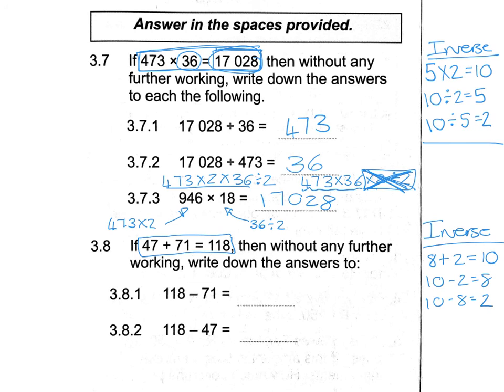So they're all the same. So when I do 118 minus 71, I'll obviously get the 47 as the answer, or if I do the 118 minus the 47, I'll get the 71. I didn't even have to work that out.